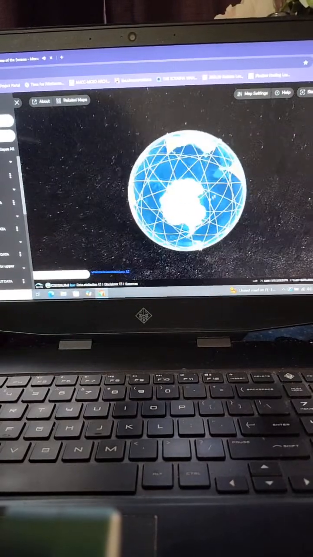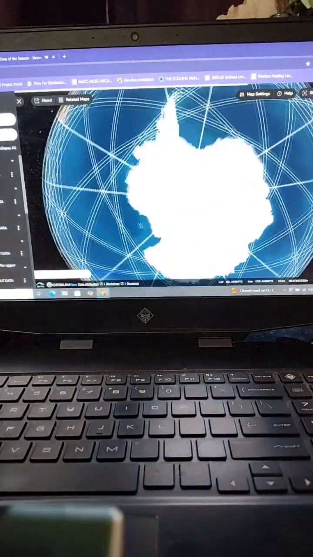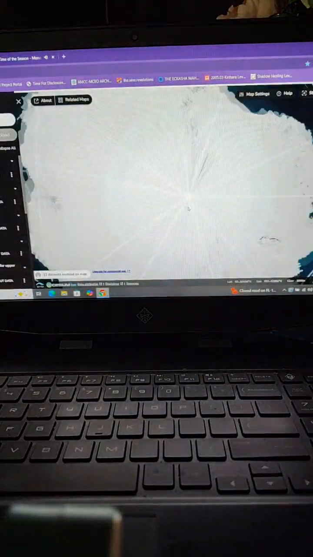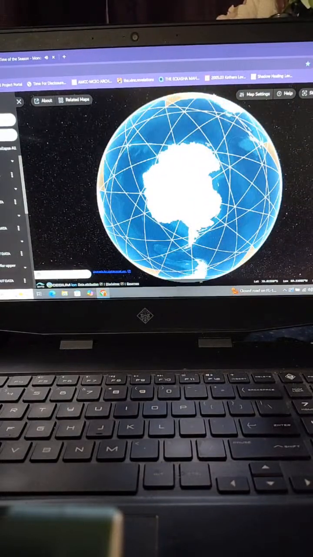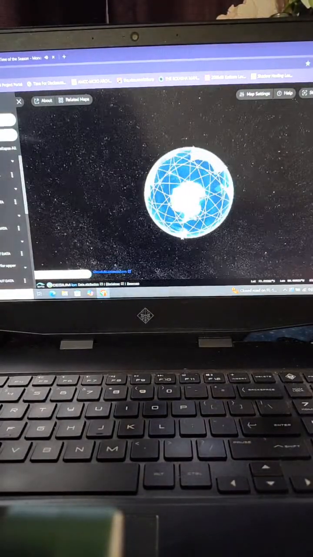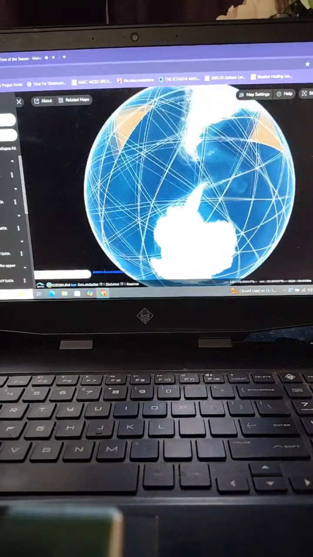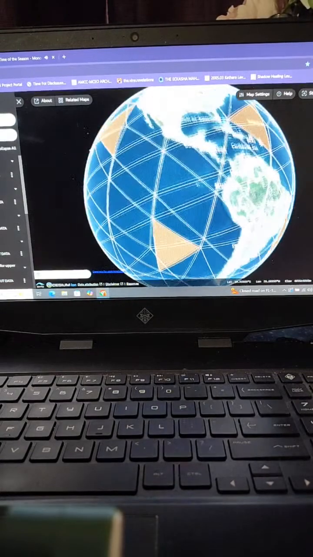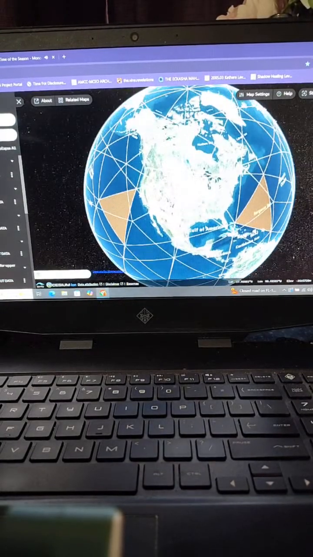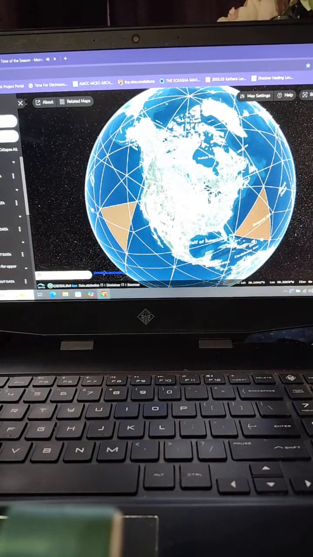I wonder if there's one in... Is that Iceland? I don't know. You can scroll in and out to use this map also. One on either side of United States.